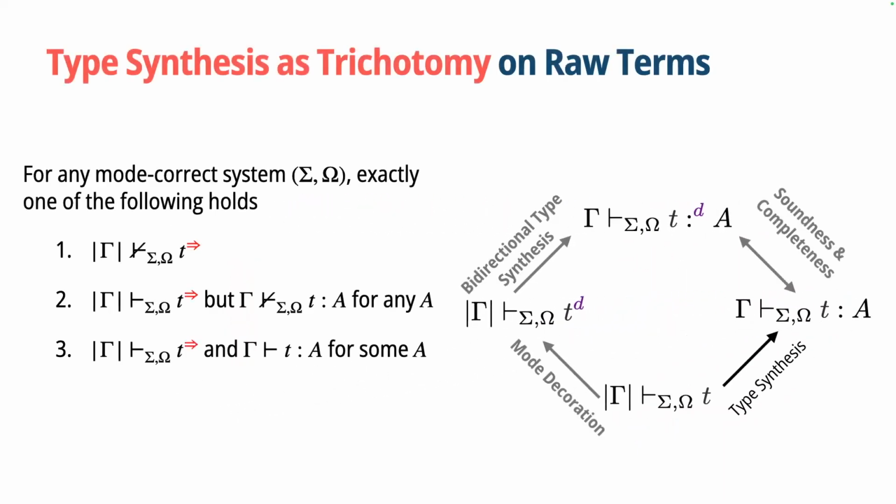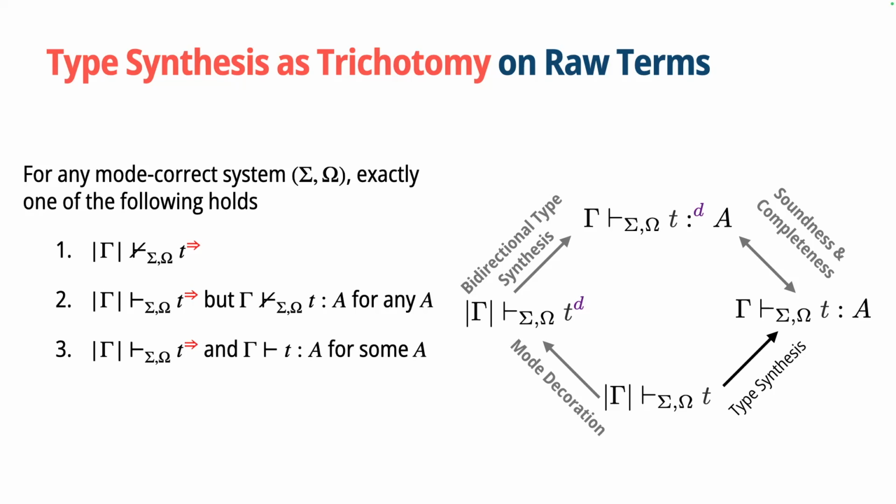One thing from the development is that we probably shouldn't view type checking, especially bidirectional type checking and type synthesis, as a decidable question, but more like a trichotomy, where we have three possibilities for your untyped term.